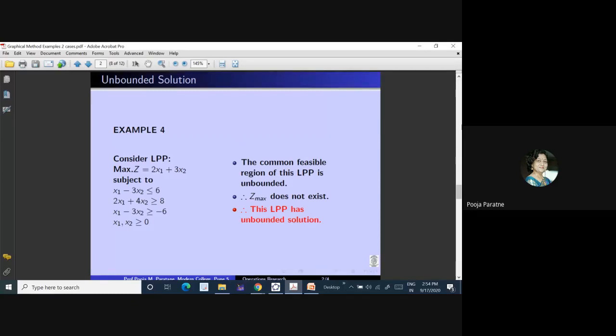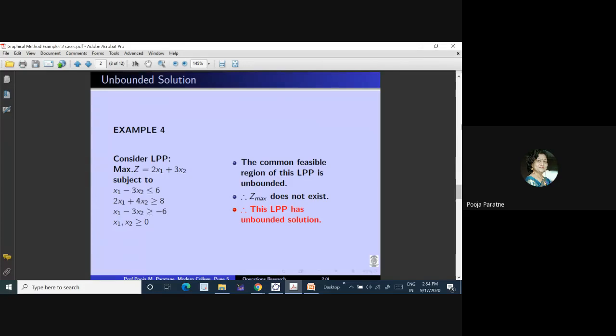So after getting the graph and the region, you can write the answer in this way if the linear programming problem has an unbounded solution. The first case we have seen is the alternate solution, where we get more than one optimum solution, and the second type is the unbounded solution, where we get an unbounded common feasible region, and as the objective function is of maximization, we say that this LPP has an unbounded solution.